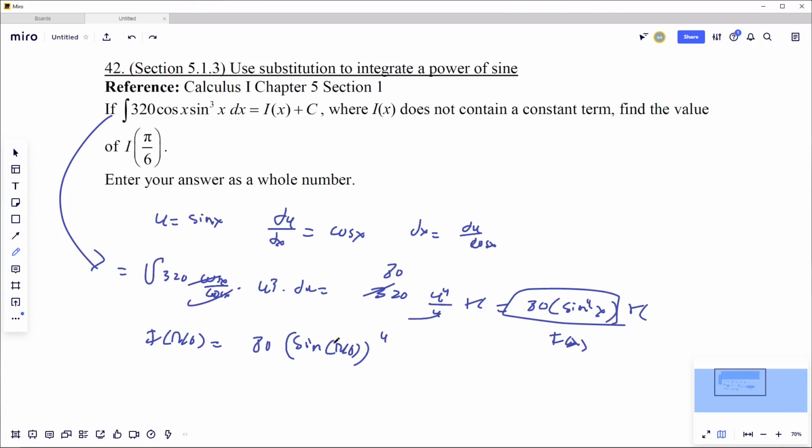So sine of pi over 6, if you know it mentally, it's half. So it's 2 to the power 4, 2 times 2 is 4, 4 times 4 is 16, so 1 over 16, but we can double check. Sine of pi over 6 gives you half. This to the power of 4, you get again 1 over 16, just like I said. Times 80, you get 5, and that's your final answer.